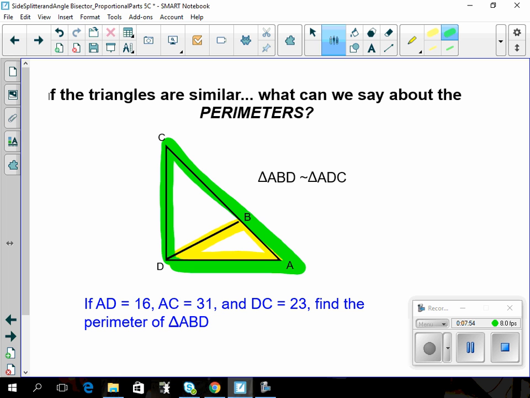Let's label what we know. We know that AD is 16, so I'm just going to label it such. We know that AC, which is this whole side over here, is 31. And we know that DC is 23. So I'm just labeling what I know.